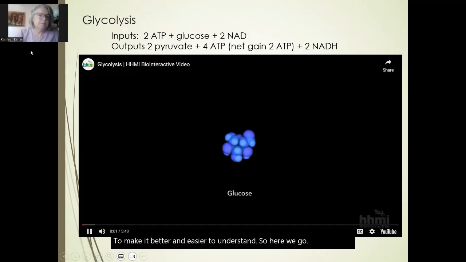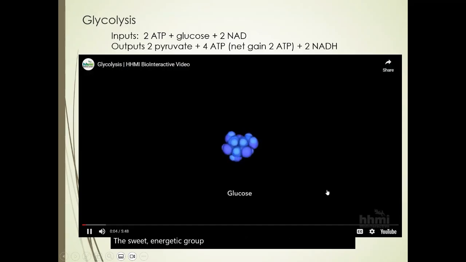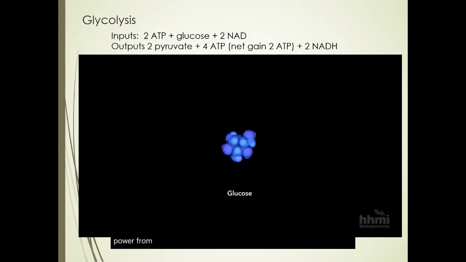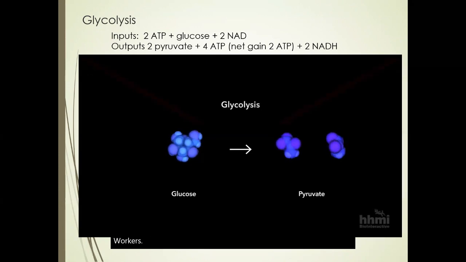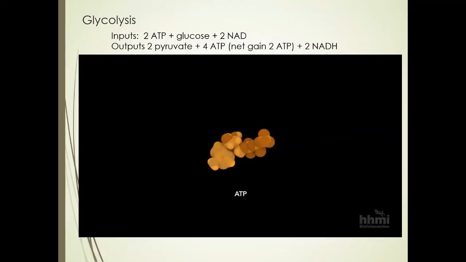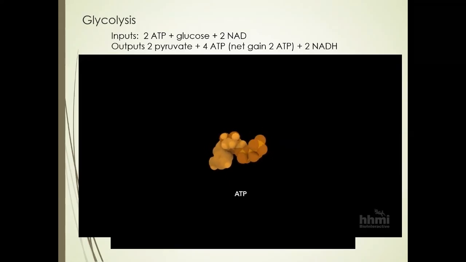The sweet, energetic glucose molecule is the energy source providing power for your living cells. Glucose from the food you eat is slowly broken down into 2 pyruvate molecules, extracting energy in a sequence of enzyme reactions called glycolysis. The glycolysis pathway requires energy to begin, delivered by chemical fuel ATP.